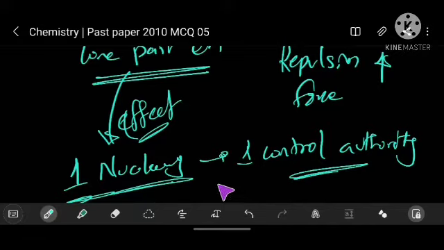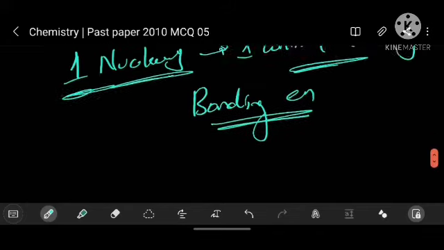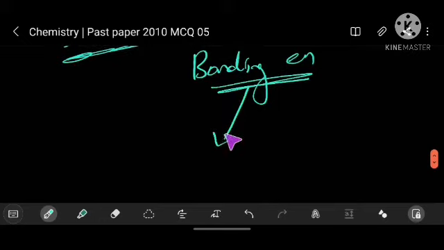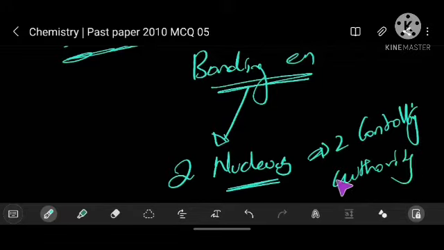So they are a bit more powerful compared to the bonding electrons, because the bonding electron pair has two controlling authorities, the nuclei of the two atoms which are bonding together. Those two nuclei control these bonding electrons, so they don't have that much power.